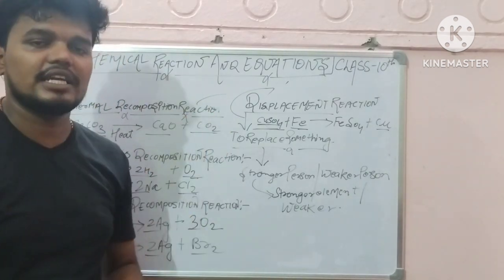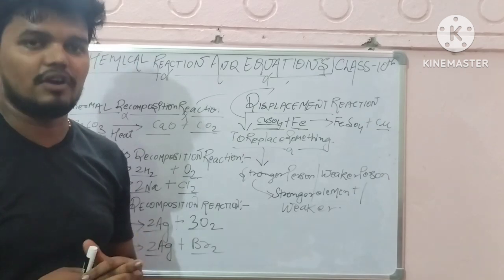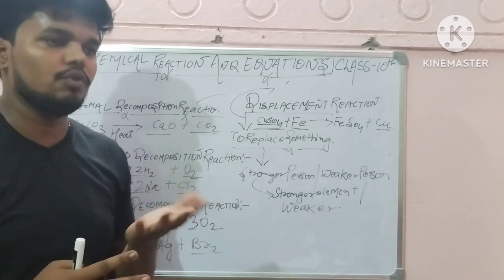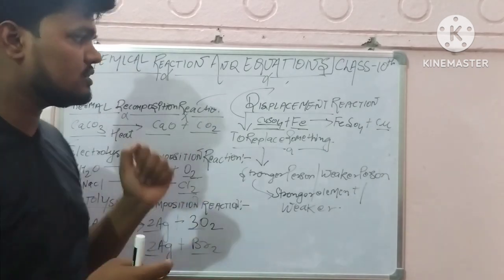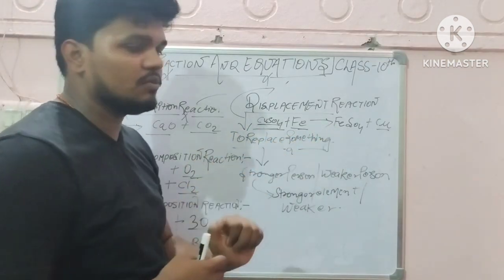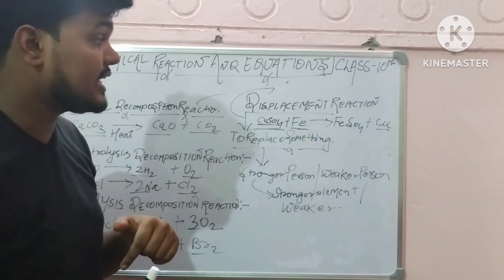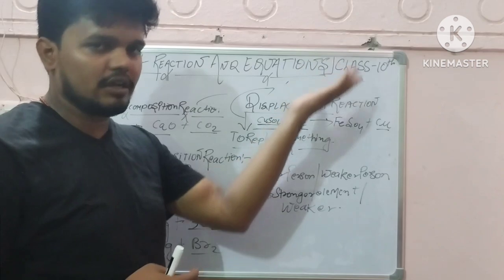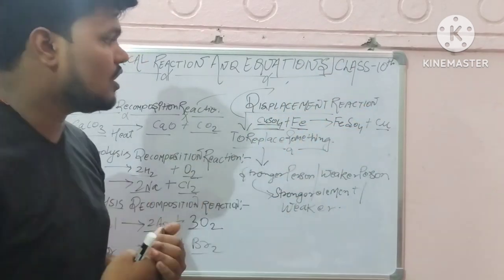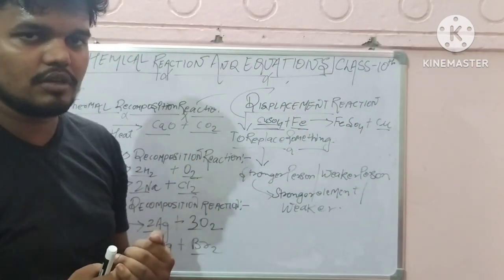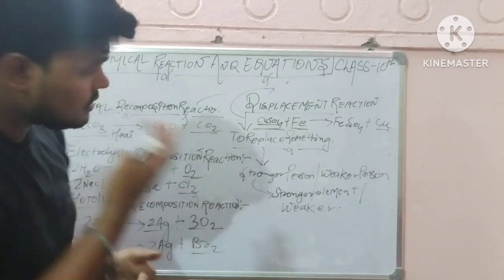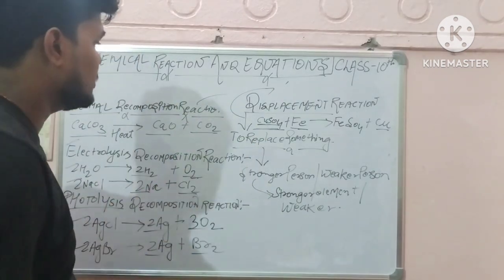By studying the reactivity series, it becomes easy for us to know which element is more reactive. Suppose you ask me, sir, why is Fe more reactive than copper? Because in the reactivity series, Fe is placed as stronger than copper. That's why. So let's study the reactivity series here.